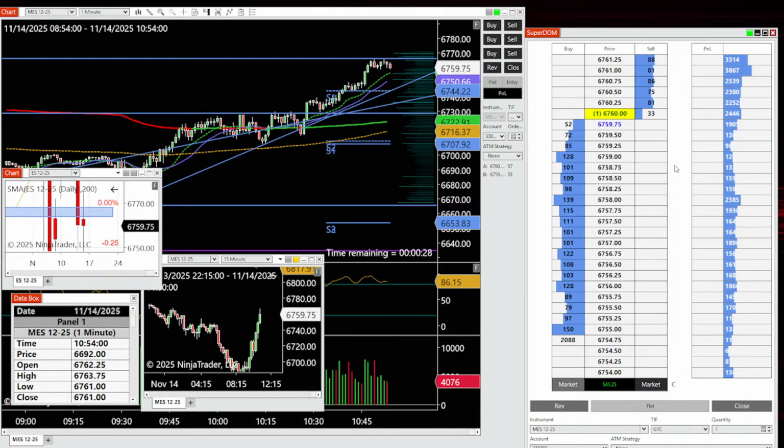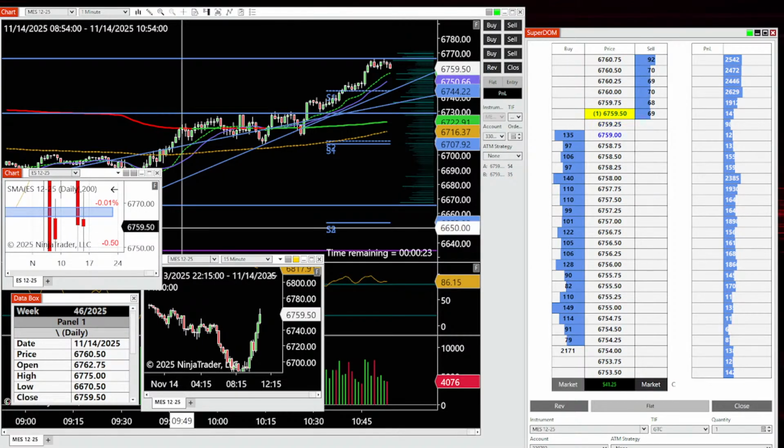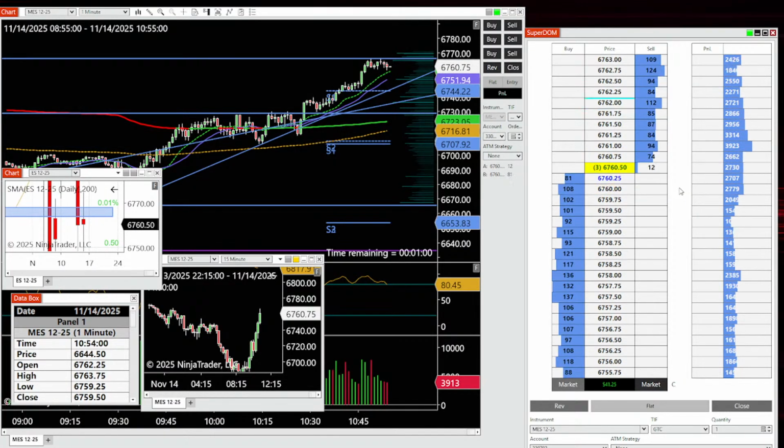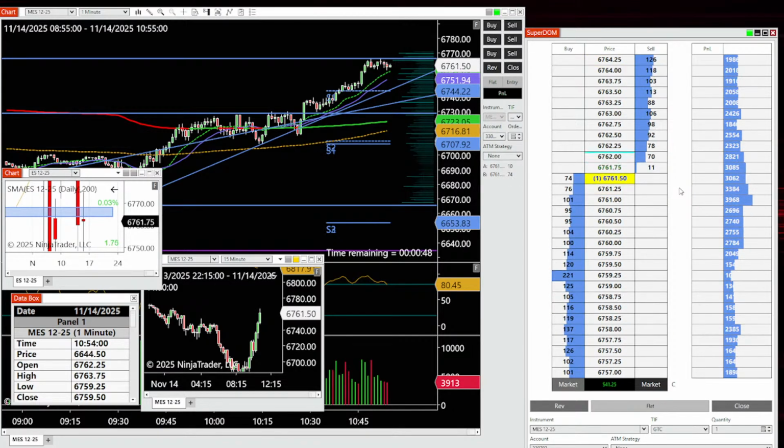$58, get us back to 48. It bounced off of 59. It's trying to hold up. Trying to hold at 60.